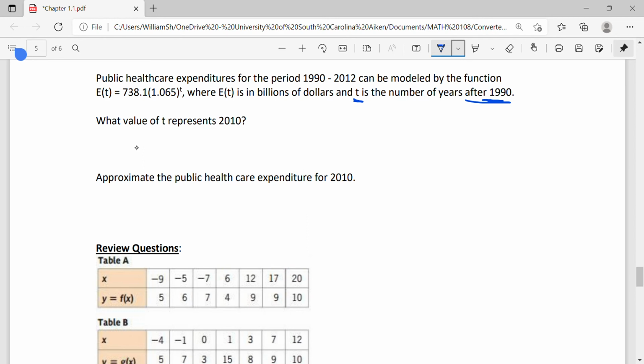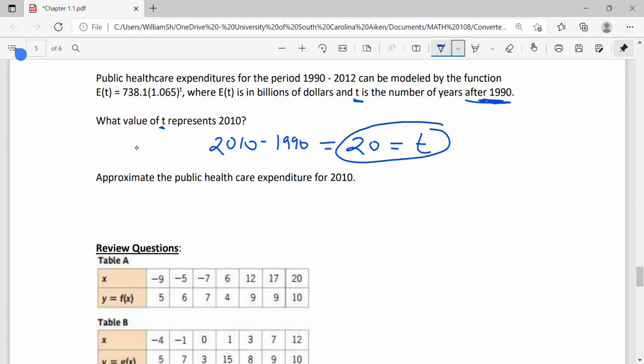Well, if t is the number of years after 1990, then in 2010, if you subtract 1990 from 2010, you get 20. So the t that I'm going to use for 2010 is actually 20, because 20 years after 1990 is 2010. If you plug 2010 in for t, you're going to get the wrong answer. You need to plug 20 in for t to take into account for that alignment.